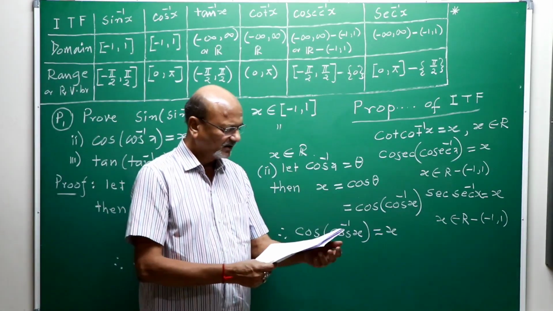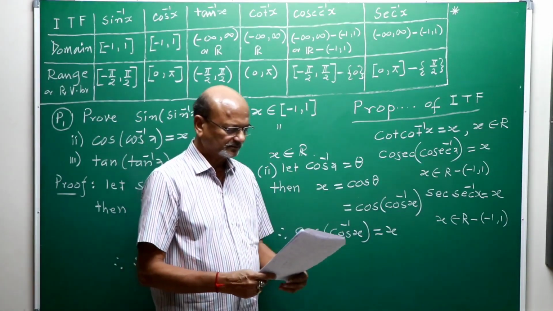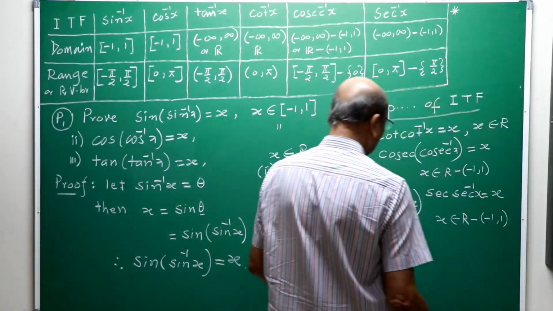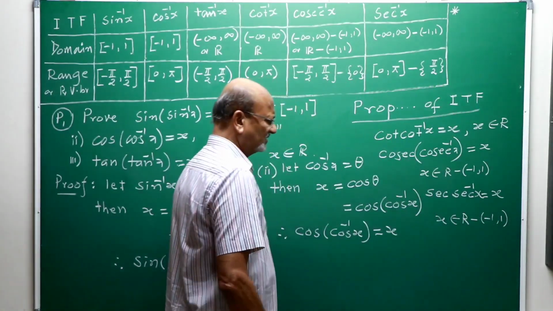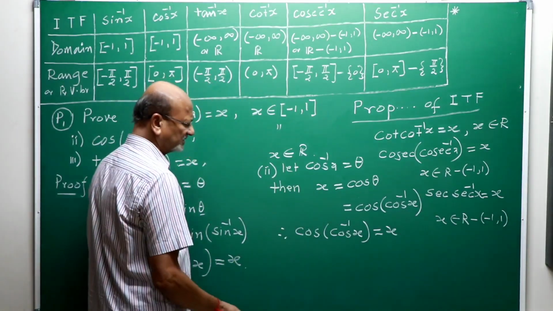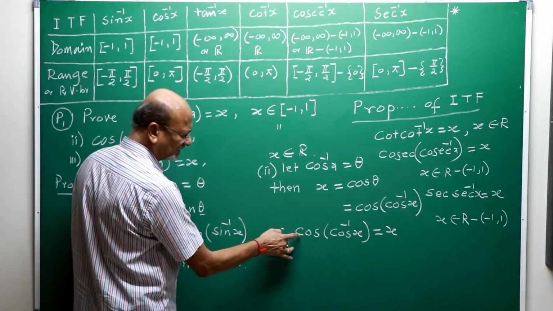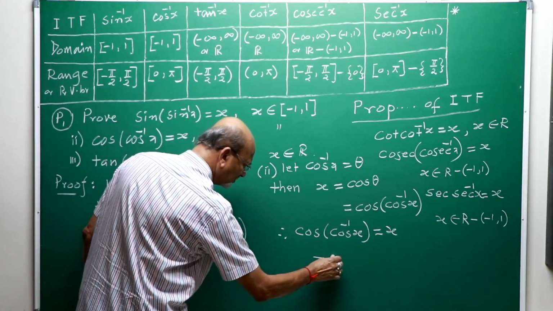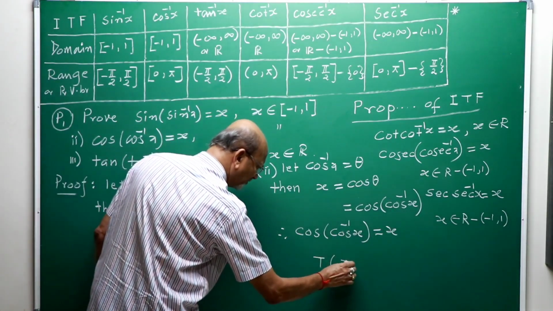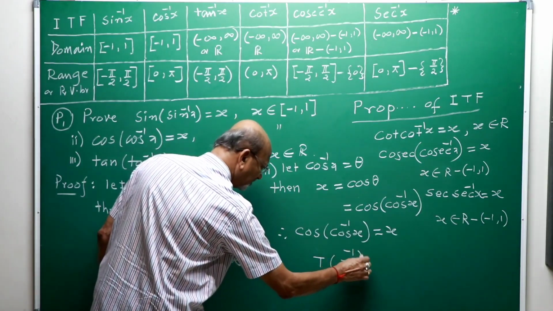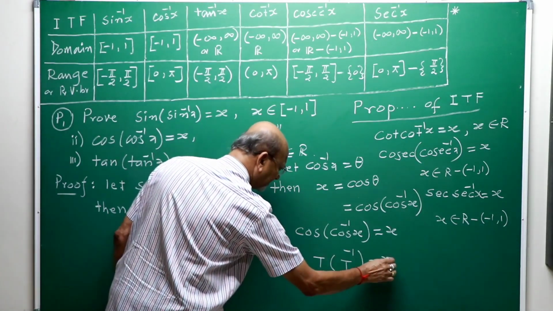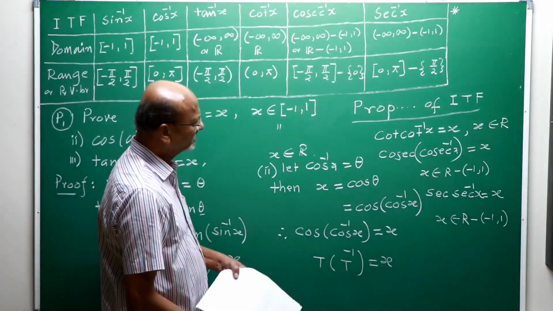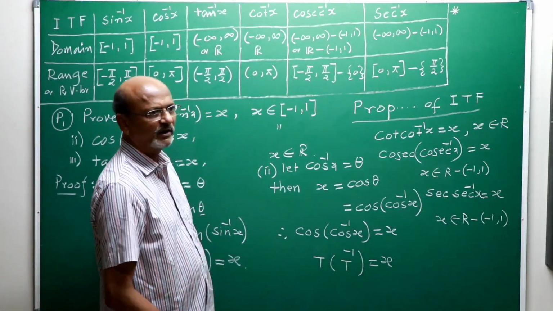Yes. Looking at the next property. My friends, this you can generalize. Let t be a trigonometric ratio, such as cos. Then t of its inverse, t inverse, equals x itself, under the condition that x is in the domain.